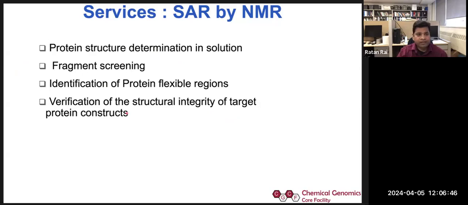If you have a protein and you're looking for any kind of services from our core, we will help you set up those services in your lab, and we can solve the structure of the protein and help you find a very small compound library which can be helpful for your fragment screening.